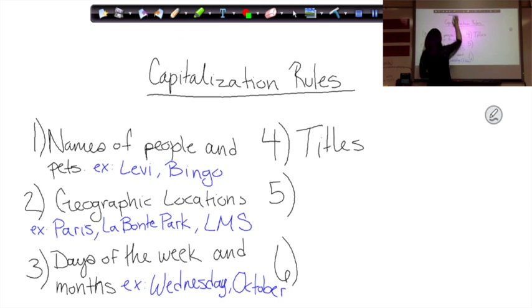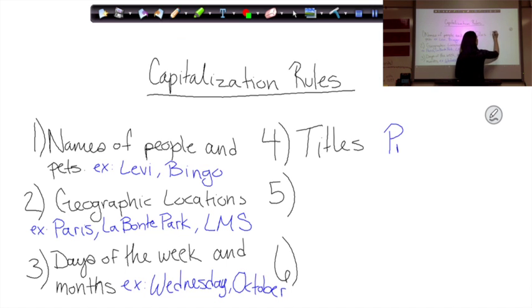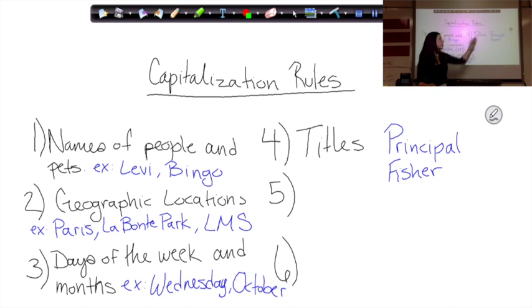For example, we talked about this one in class. Principal Fisher. Principal Fisher. That is her title, and that's her name. We capitalize her name anyway, because that falls under this rule.